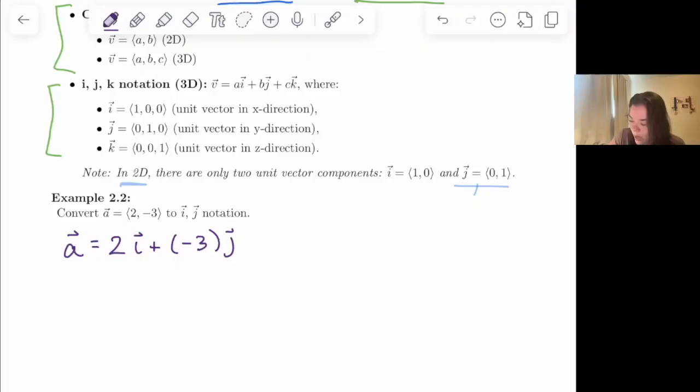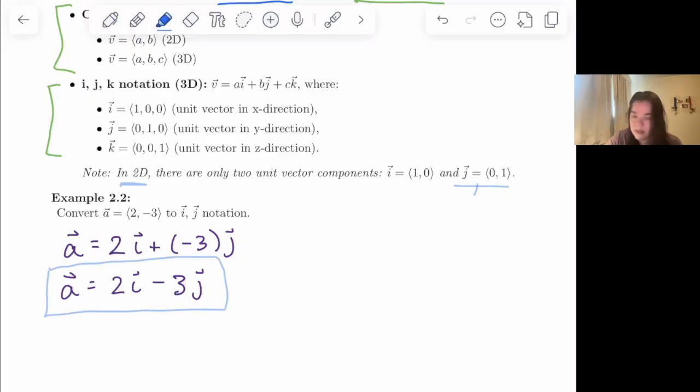Now, normally we wouldn't write a plus minus. We would just write A is equal to 2i minus 3j. So this would be vector A written in IJ notation, since it's 2D and not a K.